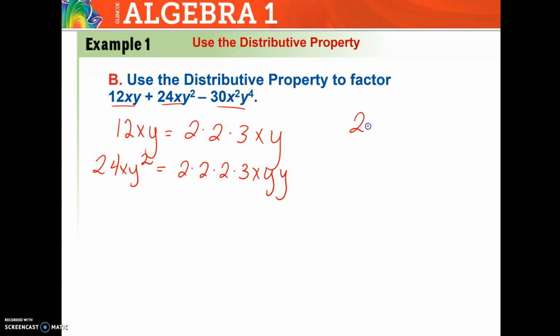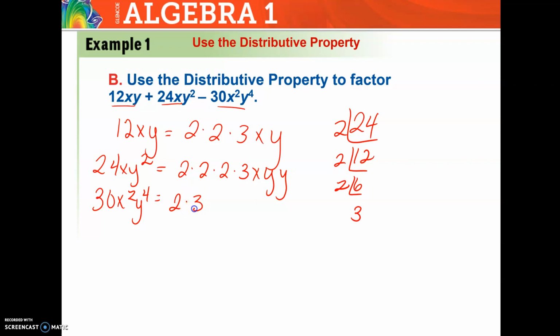And again, if you need to, you can do it this way where you find all your prime factors. Since we learned that before, I'm not taking that step by step.